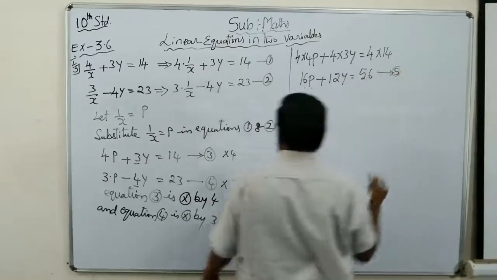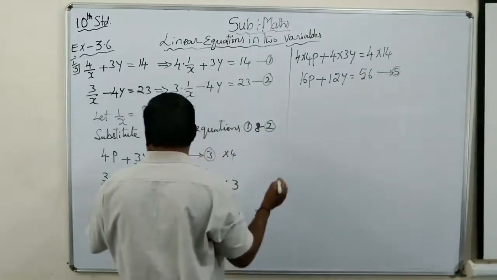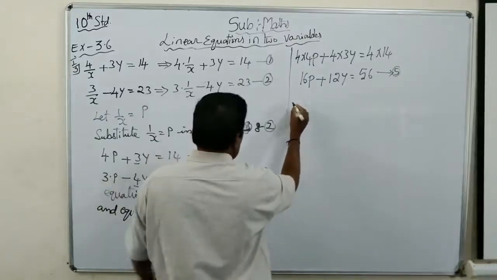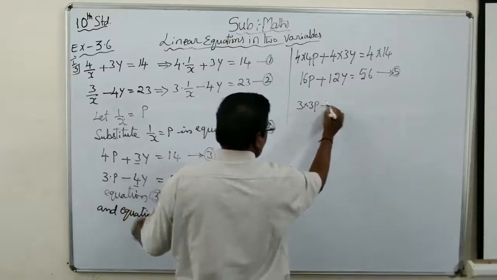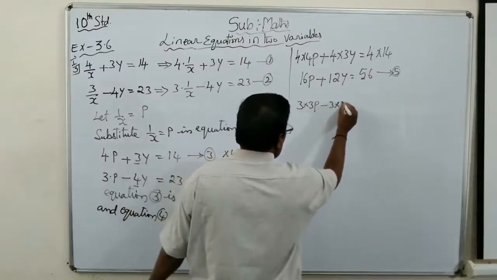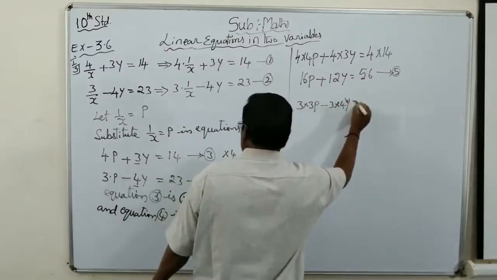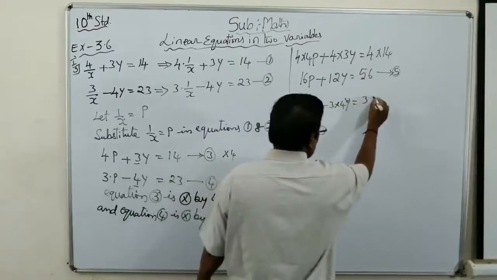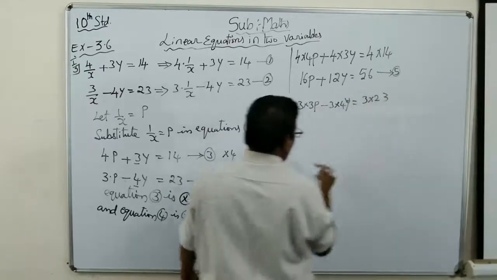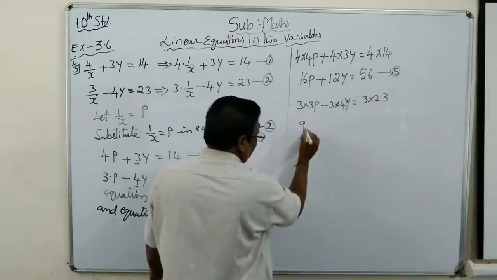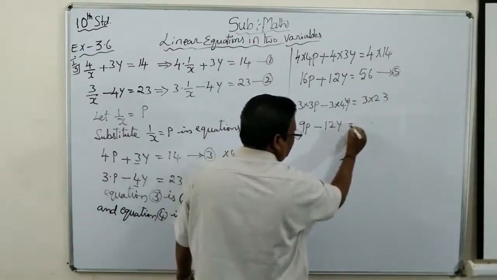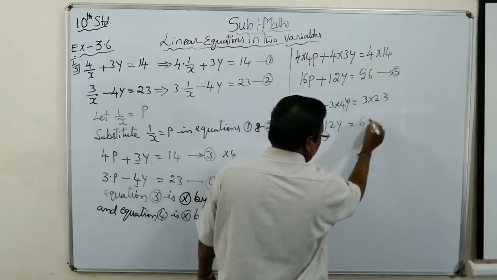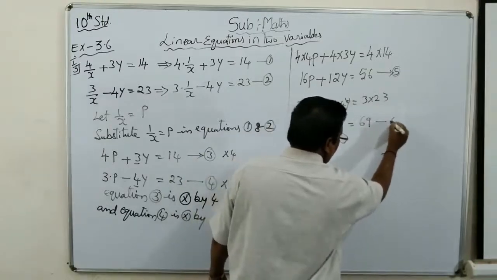Next, equation 4: 3 into 3p minus 3 into 4y is equal to 3 into 23. Here 3 threes are 9p minus 12y is equal to 3 twenty-threes are 69. This is the sixth equation.